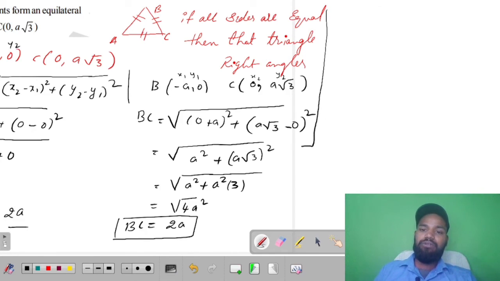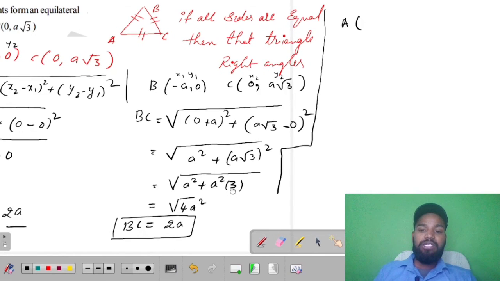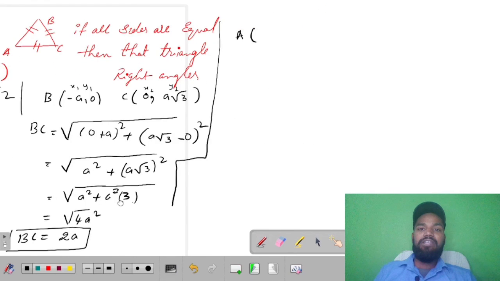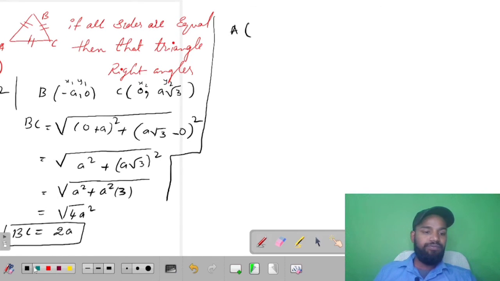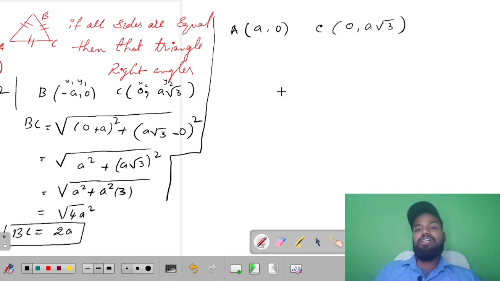We are going to do AC. What is the A value here? The A value is a comma 0. What is the C value here? Sorry, the C value is 0 comma a root 3.